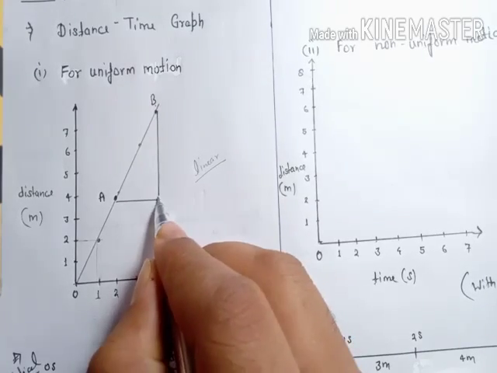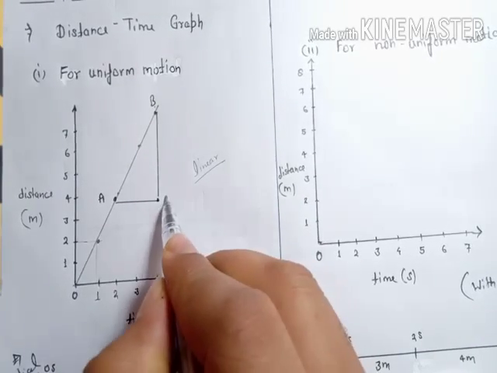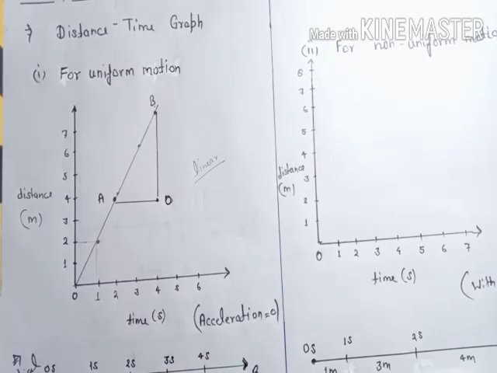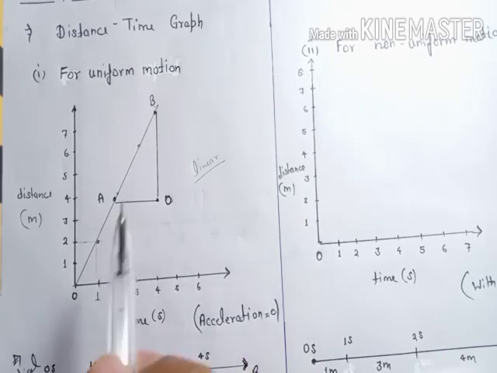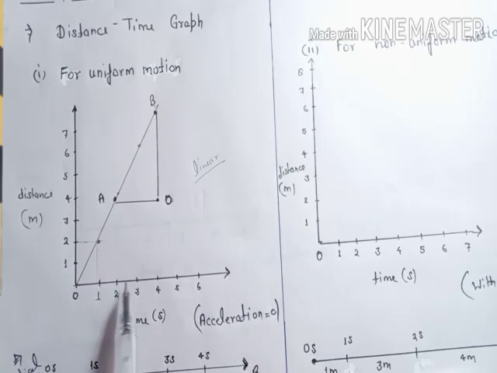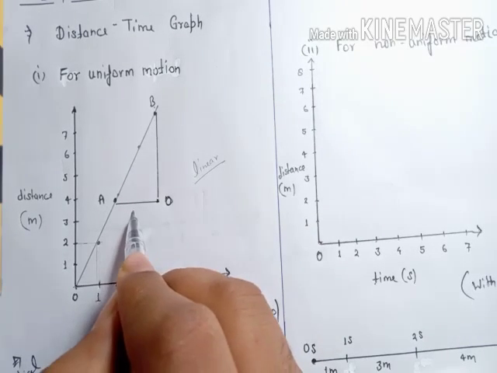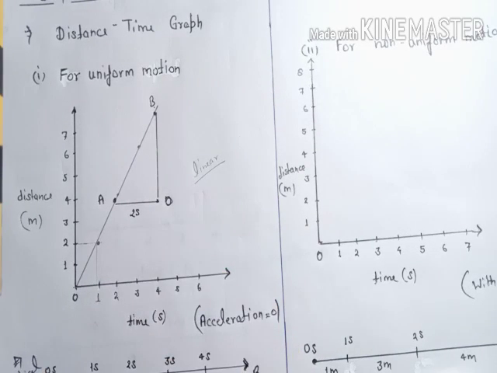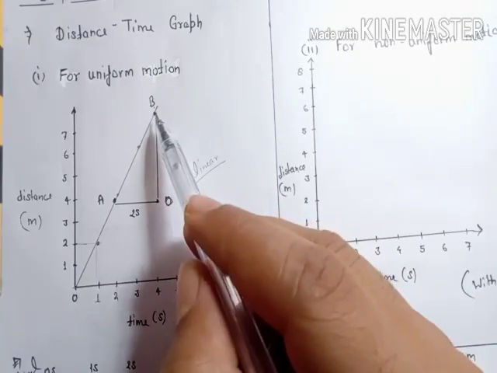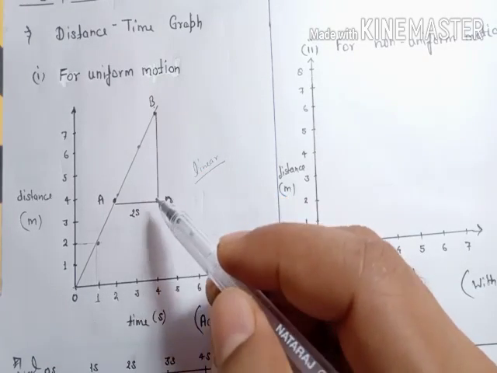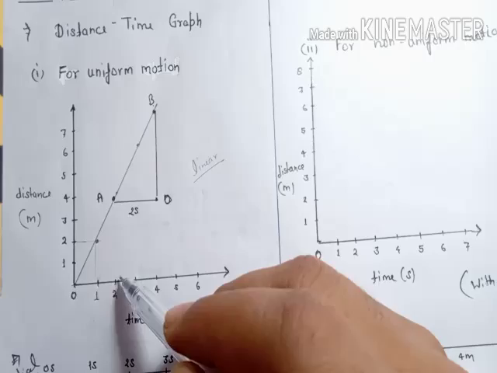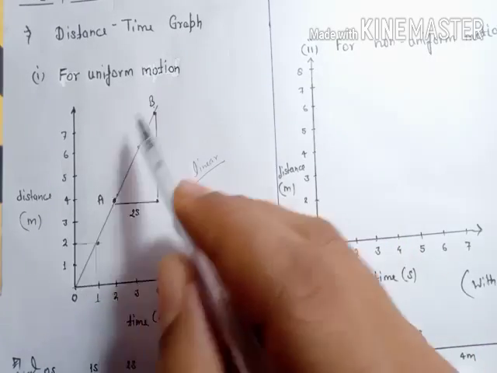Now this is point O. Now check that what is the total time spent from A to O, and you can see this is 2 to 4 seconds and that is 2 seconds. Okay, and here you can see that distance traveled from point O to B during this 2 to 4 seconds is what?